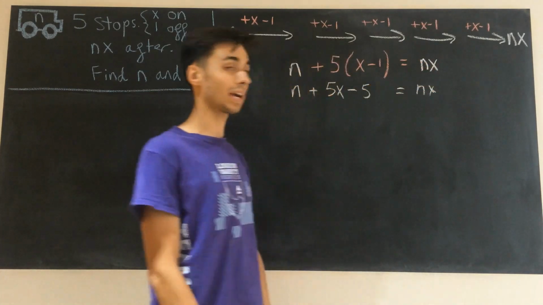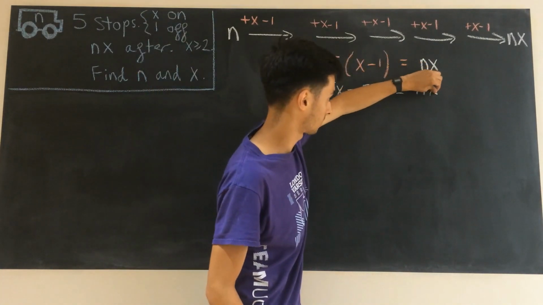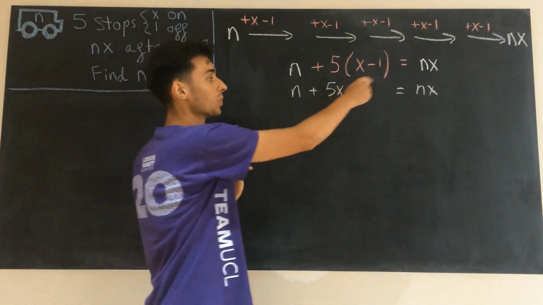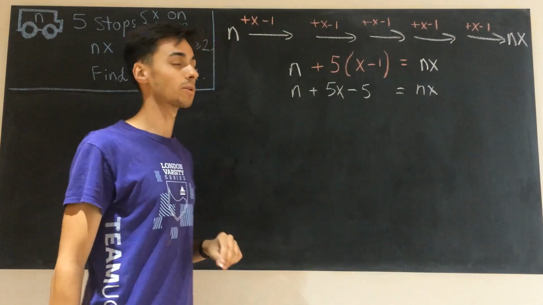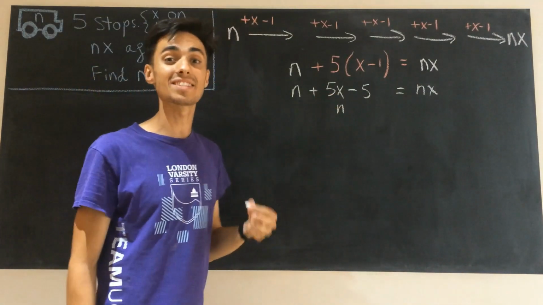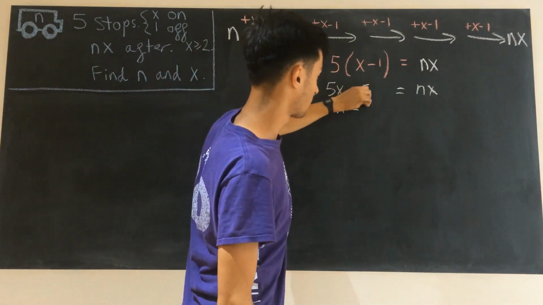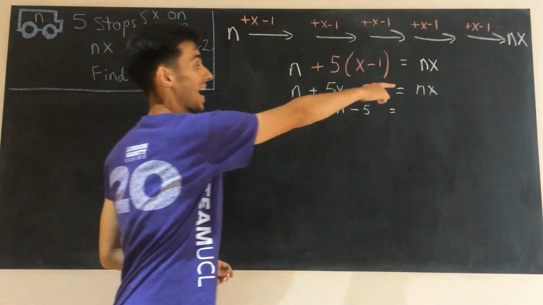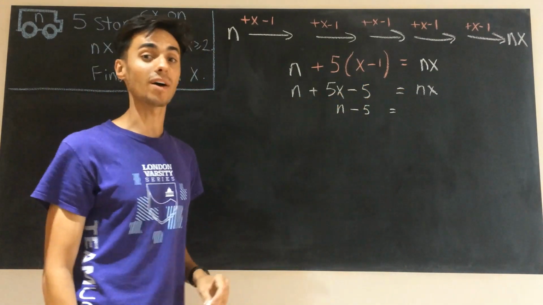We've expanded our brackets on the left-hand side. And now continuing on, we'd like to get all the x's on the same side. So on our left-hand side here, we're going to be left with n take away 5. And on our right-hand side, we're going to get nx take away 5x.